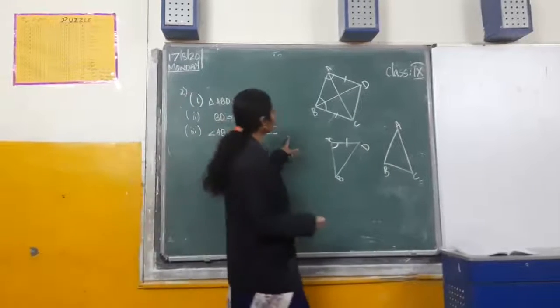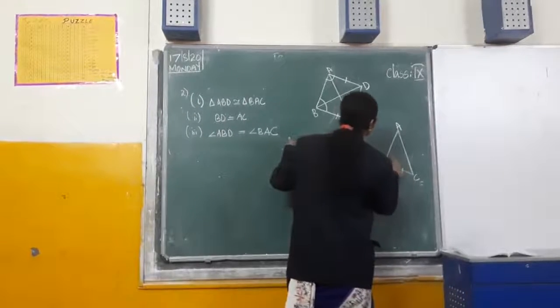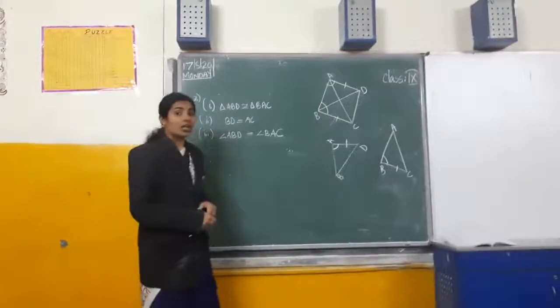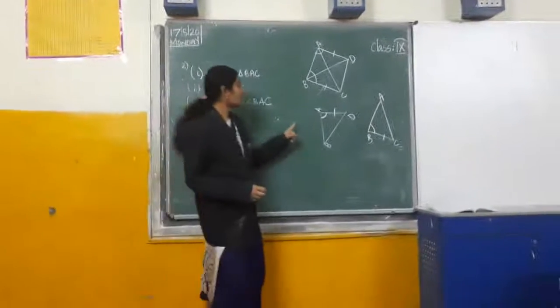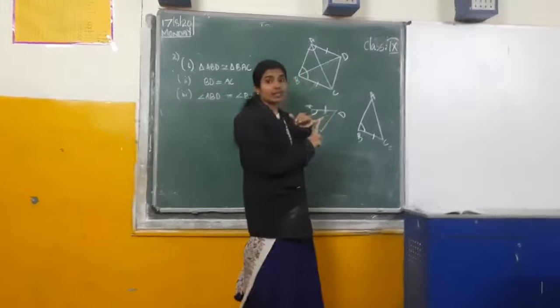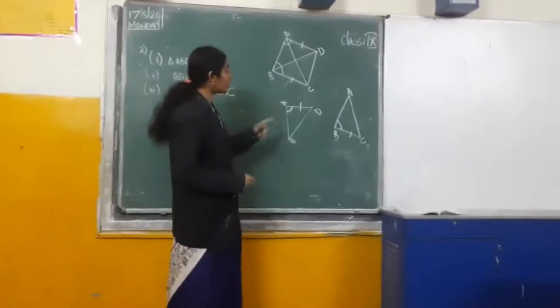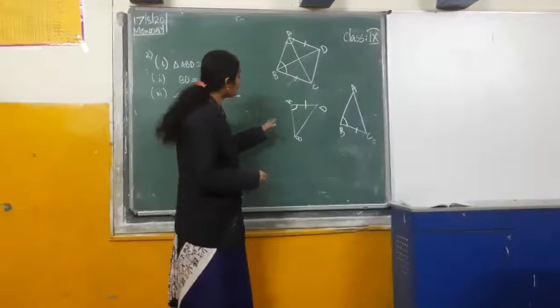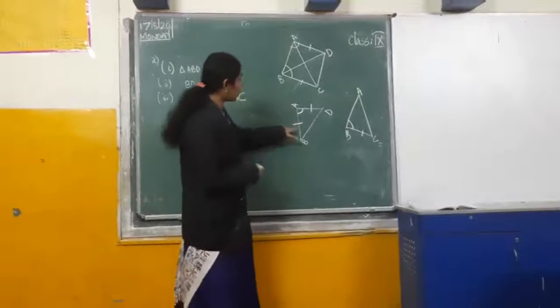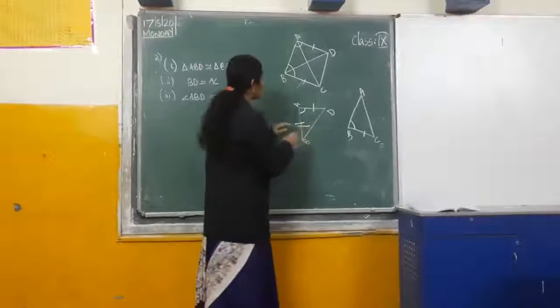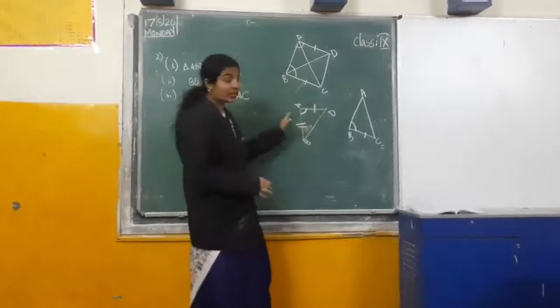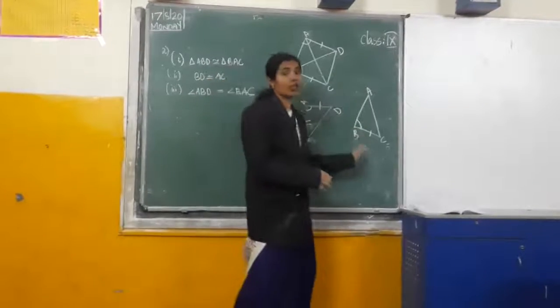And here also, when you show the symbols, what will you do? Now in both triangles you can say one common side is there. What is the common side between these two triangles? See now, AB. Here AB is one side and here also AB is there.